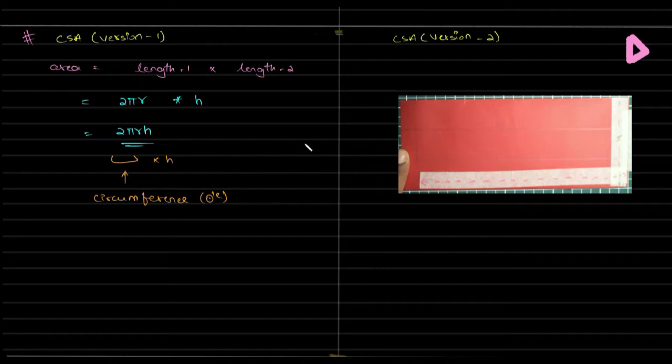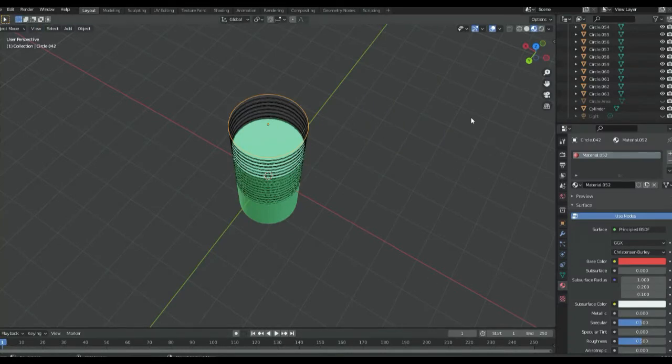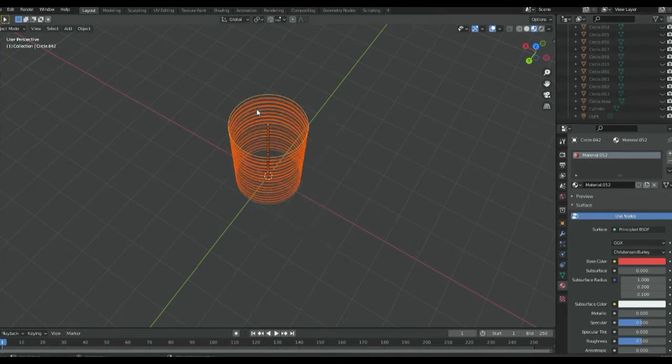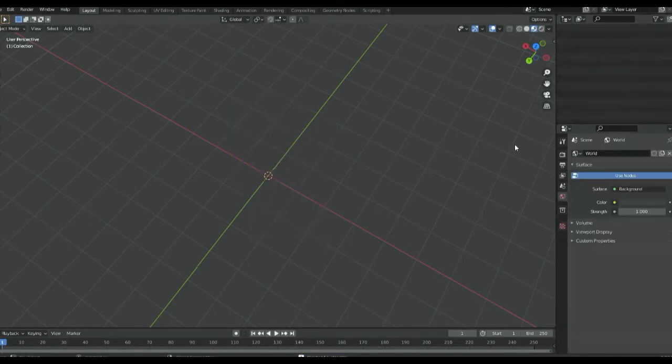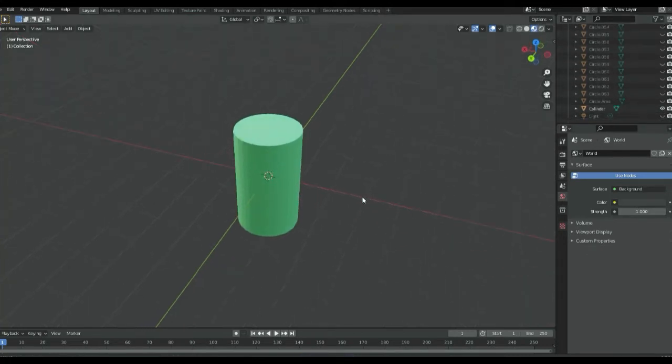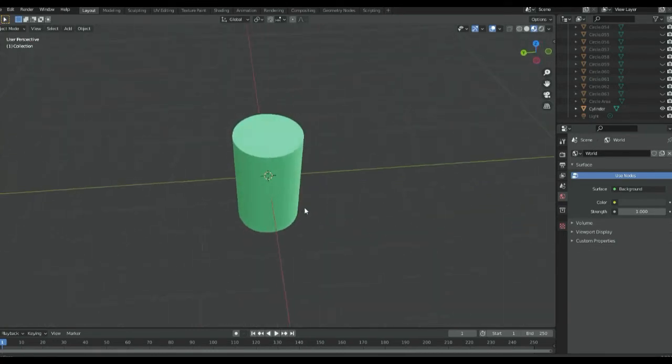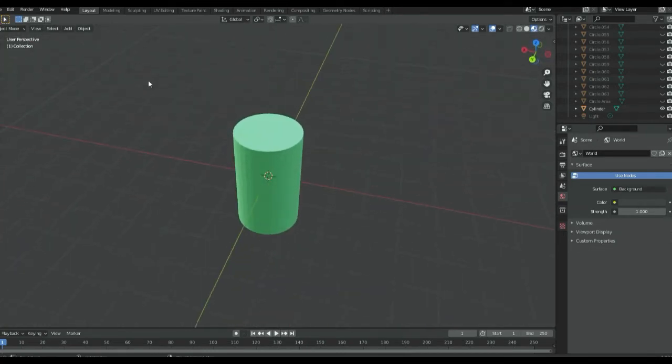There is another version of understanding the same thing, the curved surface area. Again, remember, curved surface area. Let me do this. We can clearly see over here we have a cylinder.